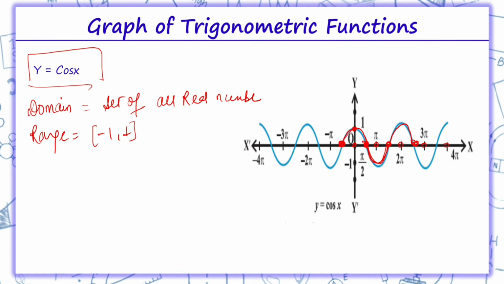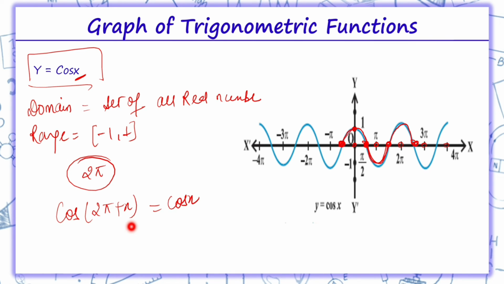The only difference between the sin x and cos x graphs is that when x equals 0 in cos x, the value of y comes to be 1. But in sin x, when x is 0, the value of y is 0. So the cos x graph also repeats its value after an interval of 2 pi. Thus we can say cos(2 pi plus x) is also cos x.